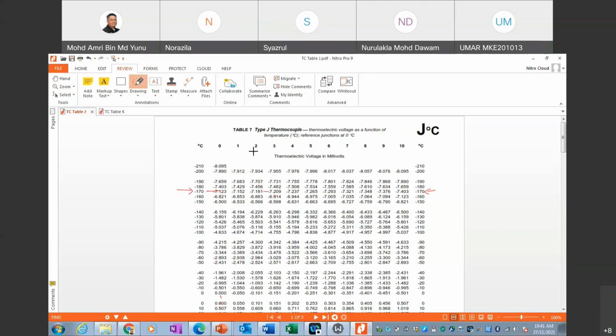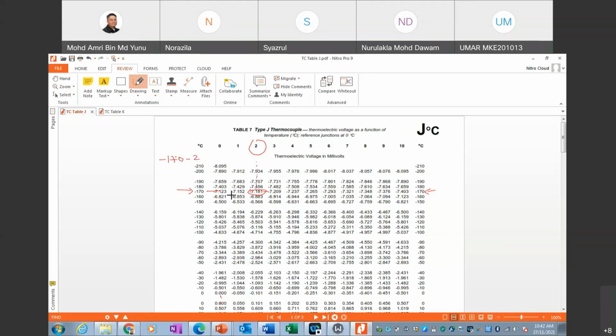To find the exact output, you have to minus. So this is 2 actually. Go down here. So actually, this point is the temperature negative 170 minus 2 on the top.